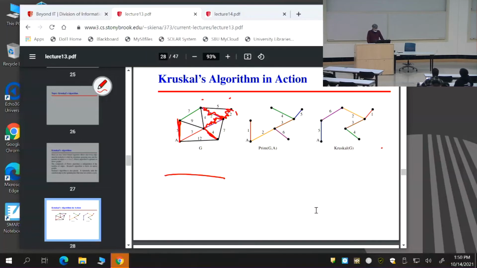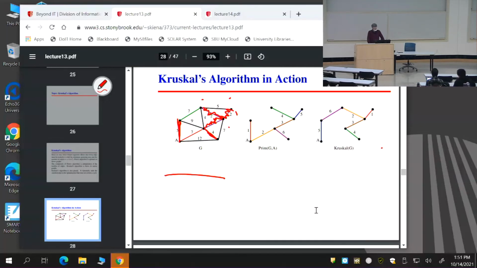Now I can add an edge of 7. I don't like this one because it creates a cycle. Which one of the other two 7s can I add to create the minimum spanning tree? Should I add a green one or a red one? Doesn't make much difference. It depends whether you like green or red better. Okay? Who likes green better?